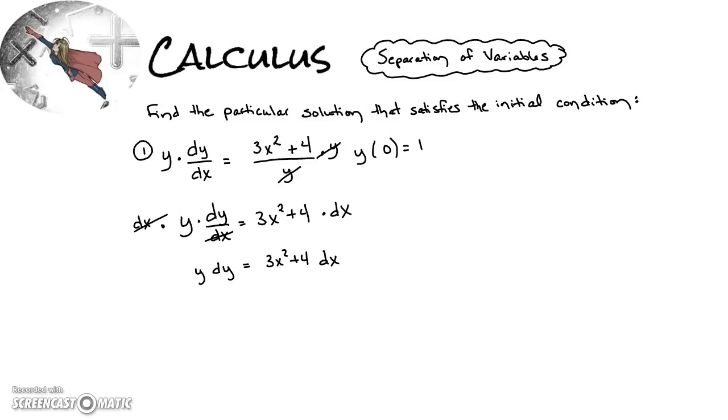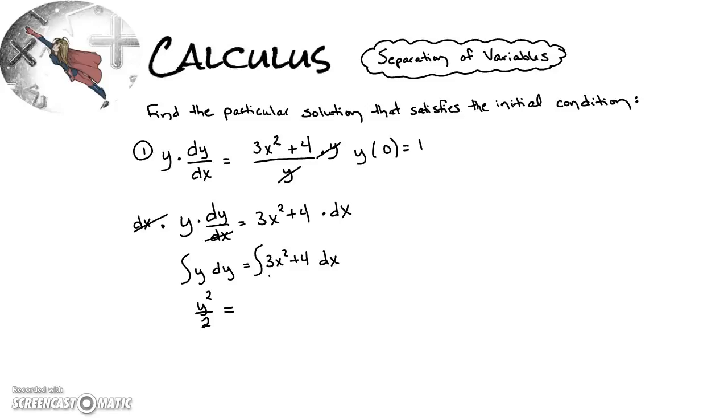Alright, so now what we're going to do is integrate both sides. So go ahead and put the integral in front of both sides and just do it the normal way that you've been doing integrals. So the integral of y is y squared over 2. And we would usually write plus c, but we're just going to write it on the right-hand side only.